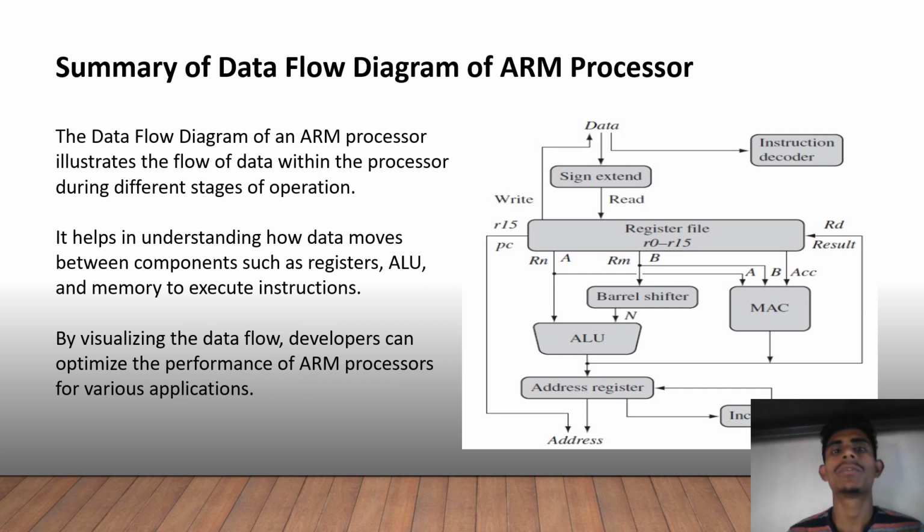And here is the summary of the data flow diagram of the ARM processor. The data flow diagram of an ARM processor illustrates the flow of data within the processor during the different stages of operation. It helps in understanding how data moves between components such as registers, the ALU (arithmetic logic unit), and memory to execute the instructions.